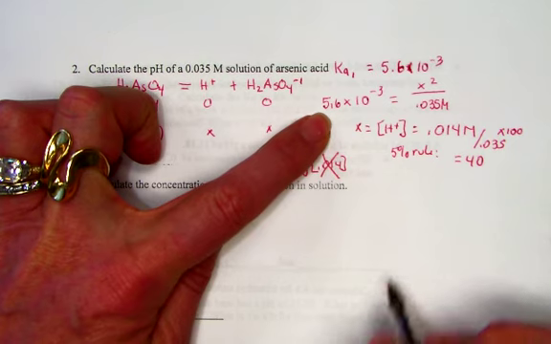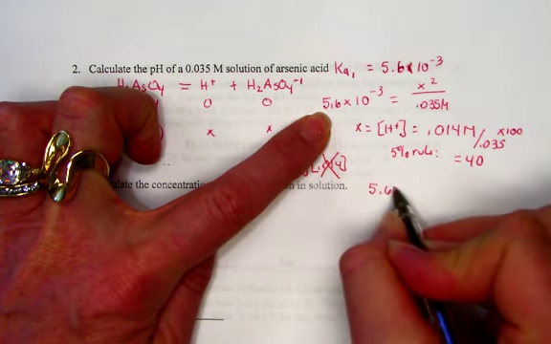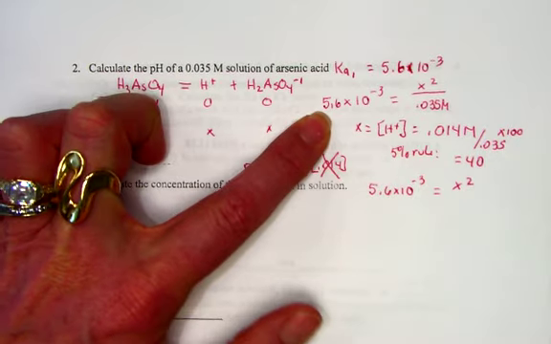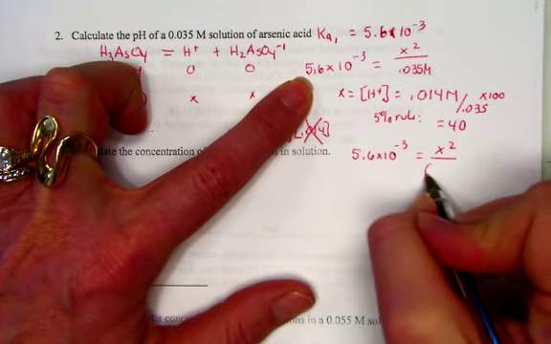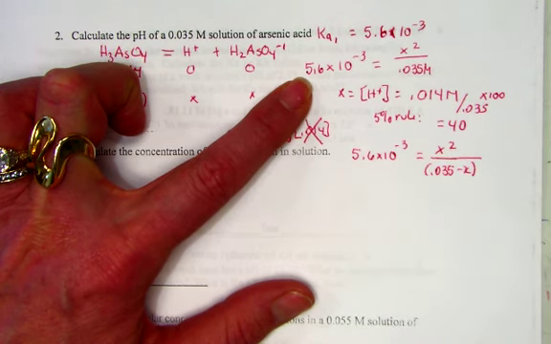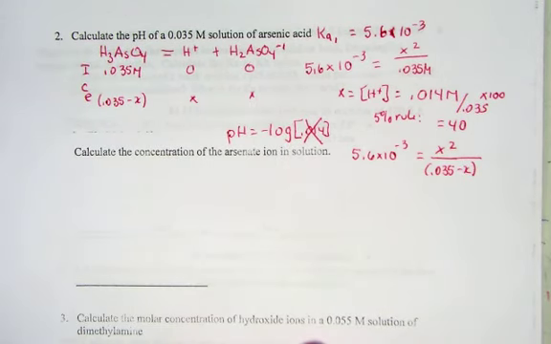We'll need to go back and express 5.6 times 10 to the -3 equal X squared, but now we'll have to carry through the 0.035 minus X and work it out with the quadratic equation. 40% is not enough to disregard the X. We'll need to use the quad.